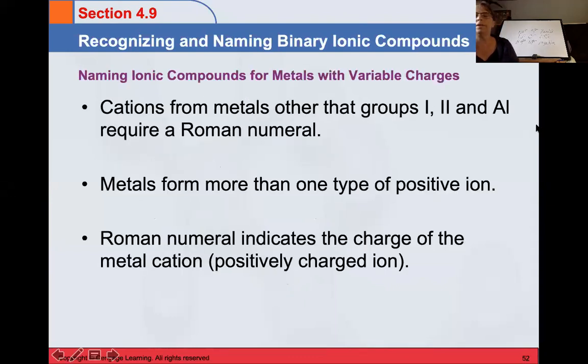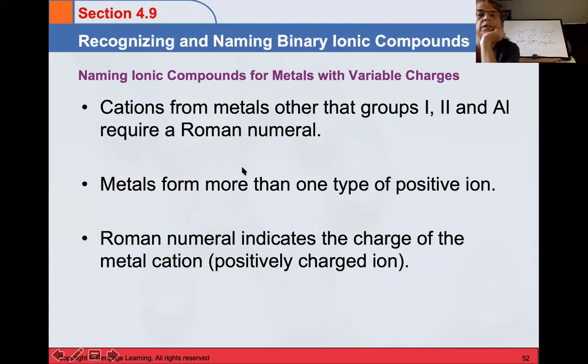So all of the names that we have written so far are cations from metals that are in groups 1, 2, and 3. And really the only metal that's in group 3 that we're going to look at is aluminum. But cations from metals other than these groups can form ions that have what's called a variable charge.